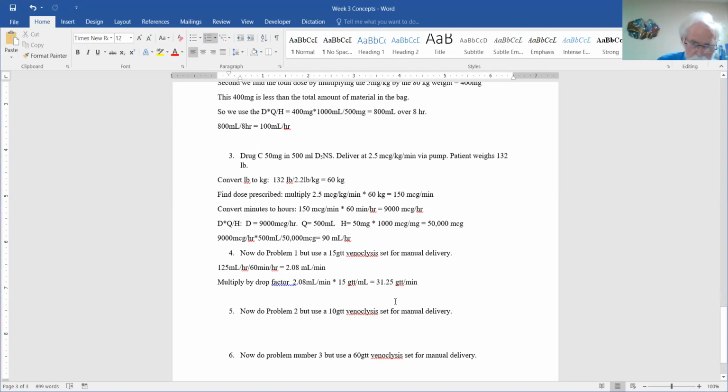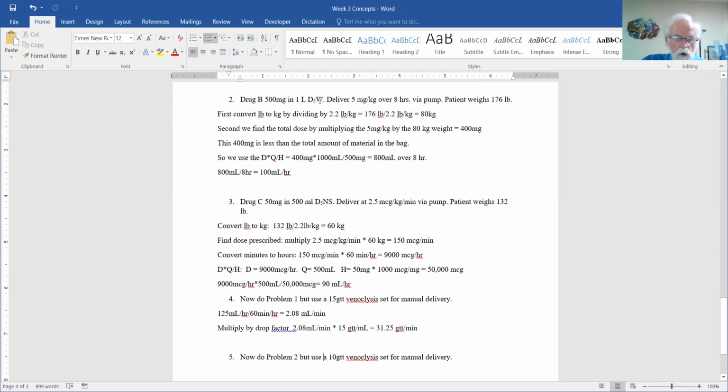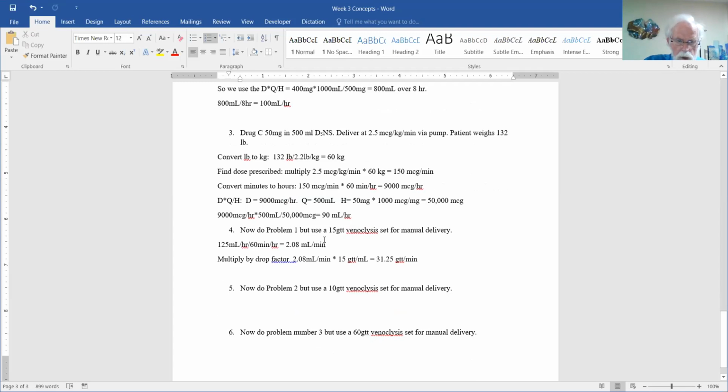We're going to use a 10 drop set, but we go back up to number 2, and we've already solved this for milliliters per hour. So all we have to do is start with 100 milliliters per hour and convert to milliliters per minute.